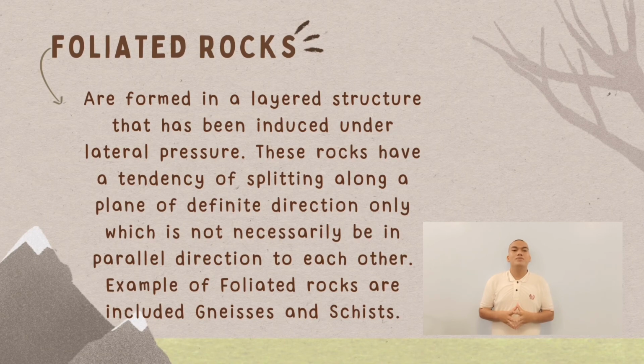Foliated rocks. Foliated rocks are formed in a layered structure that has been induced under lateral pressure. These rocks have a tendency of splitting along planes of definite direction, which are not necessarily parallel to each other.